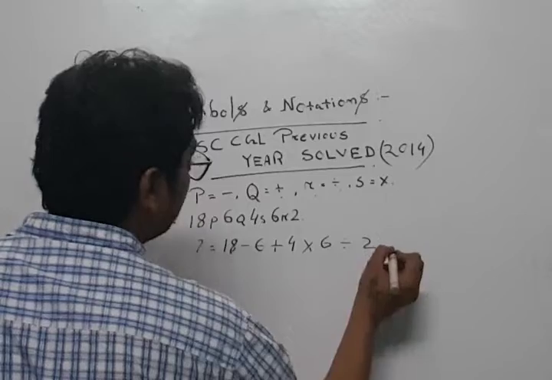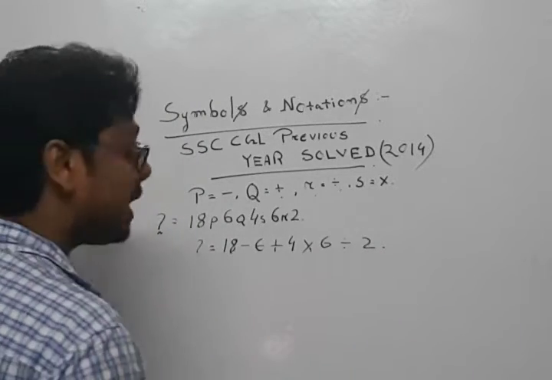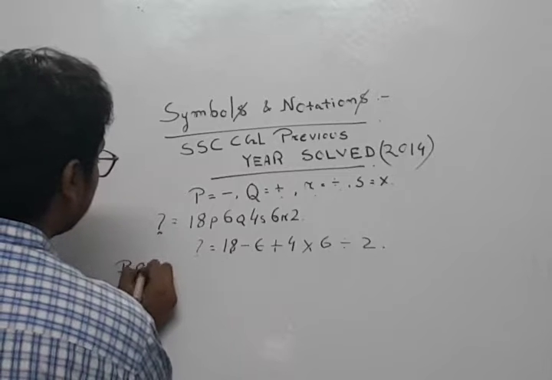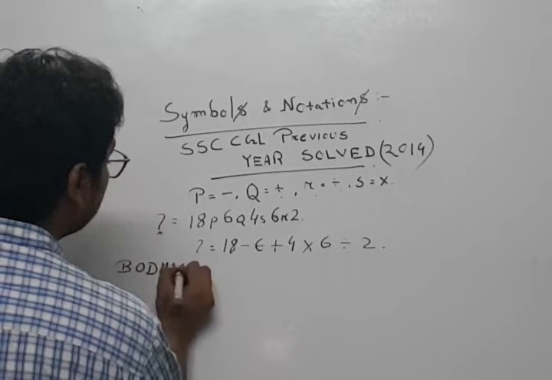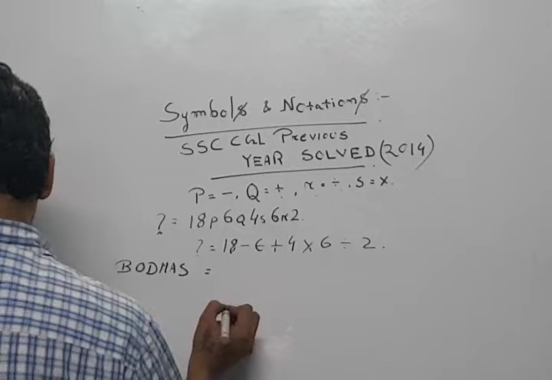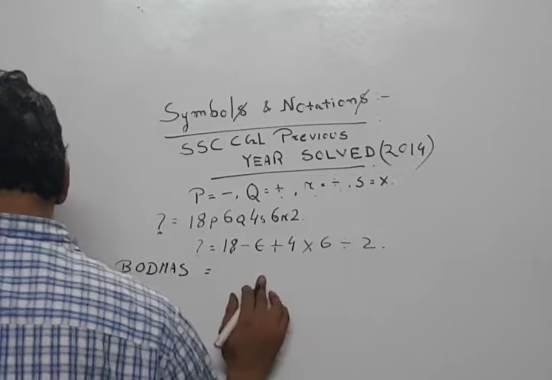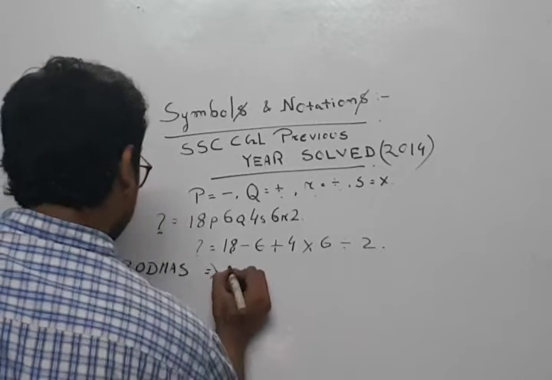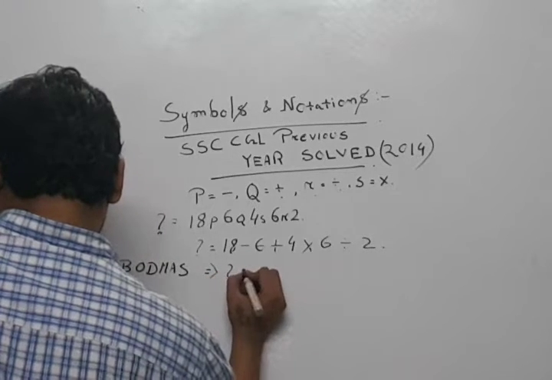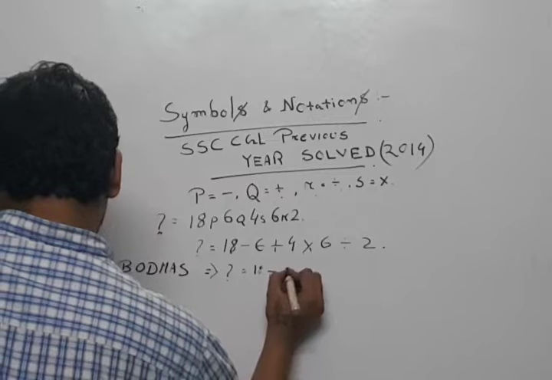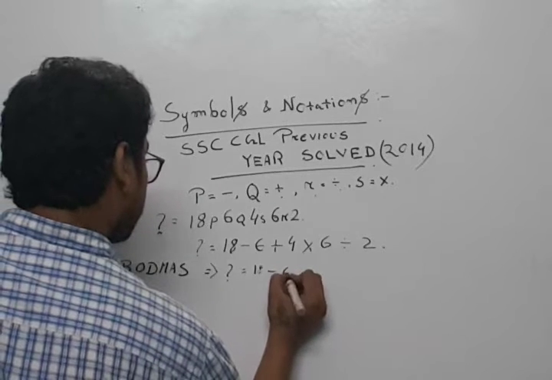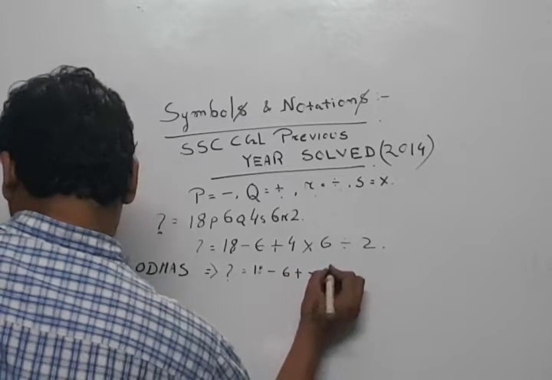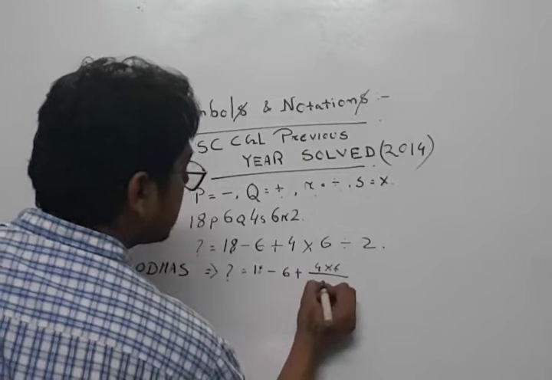Now if we solve it according to the BODMAS rule, the calculation should be like this: 18 minus 6 plus 4 into 6 by 2.